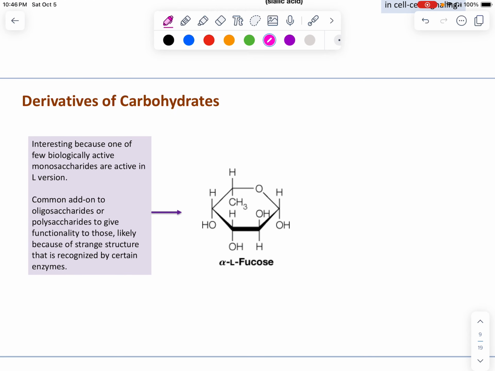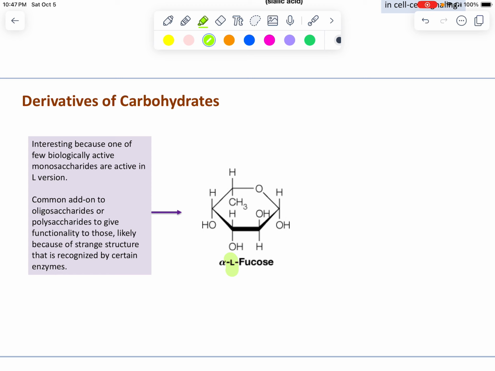All right, another one that we'll be returning to look at is fucose. When we look at this one, we have an L version, and that's really the thing we want to highlight here.